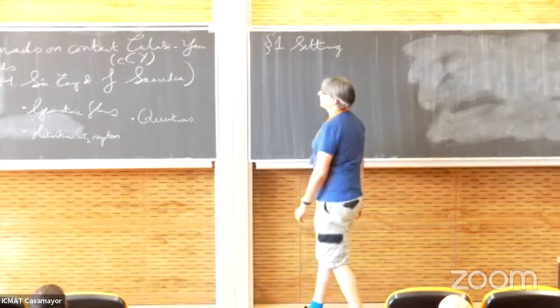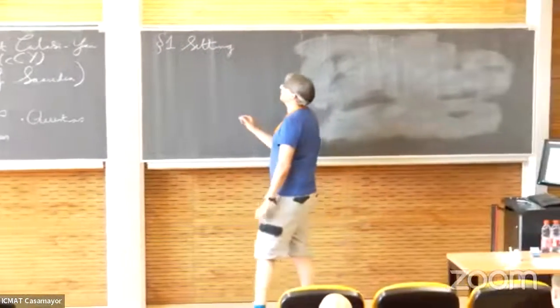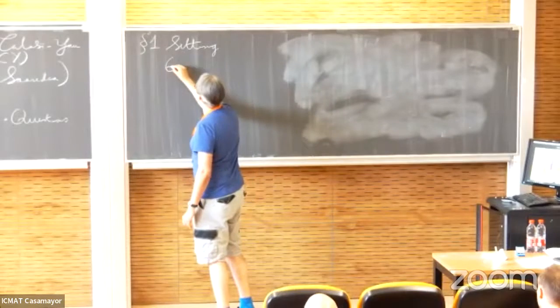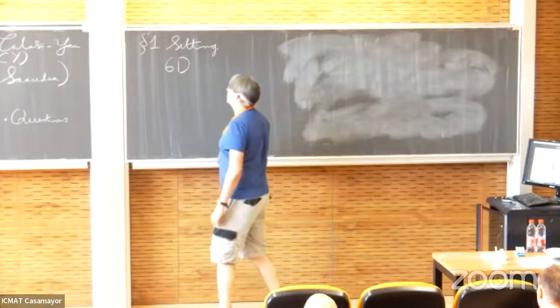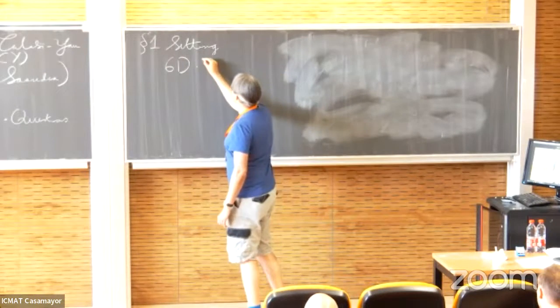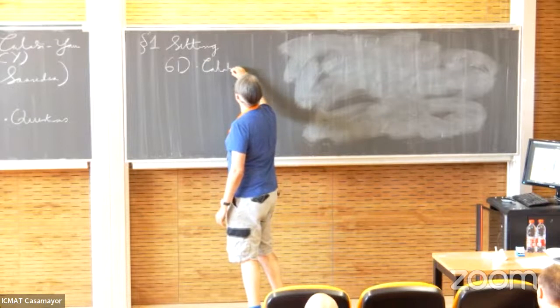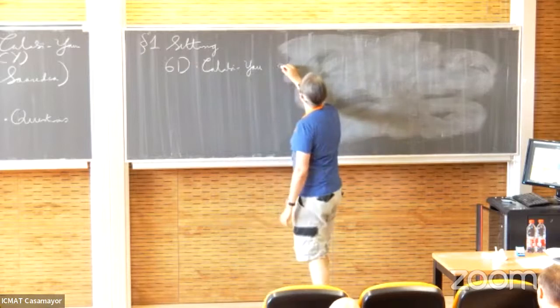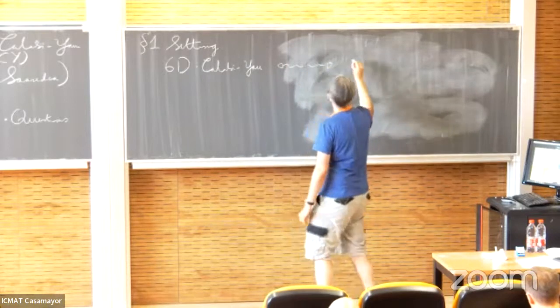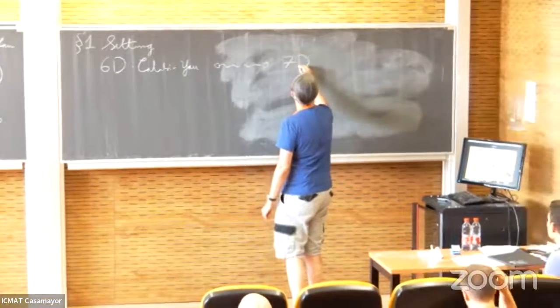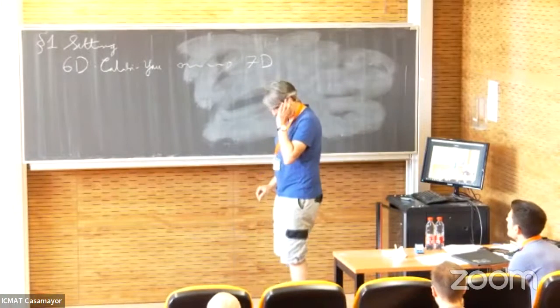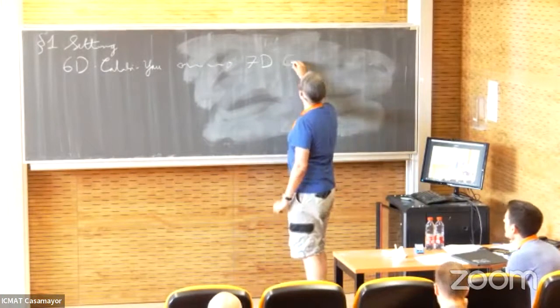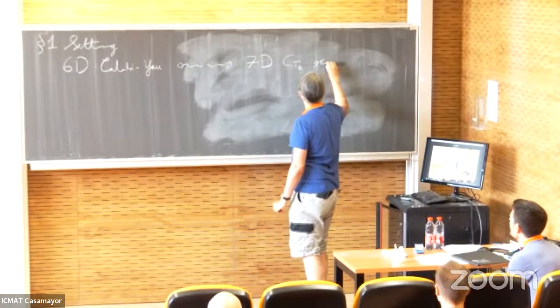So what is the idea? Well, the idea is that there is a relationship between Calabi-Yau geometry in 6 real dimensions and geometry in 7 dimensions, which is associated with the group G2.